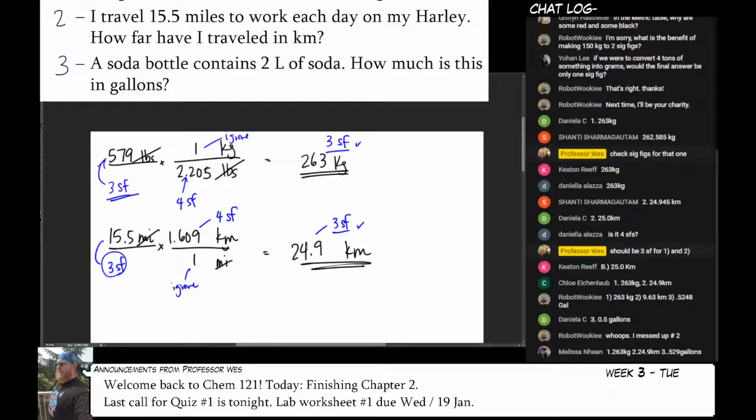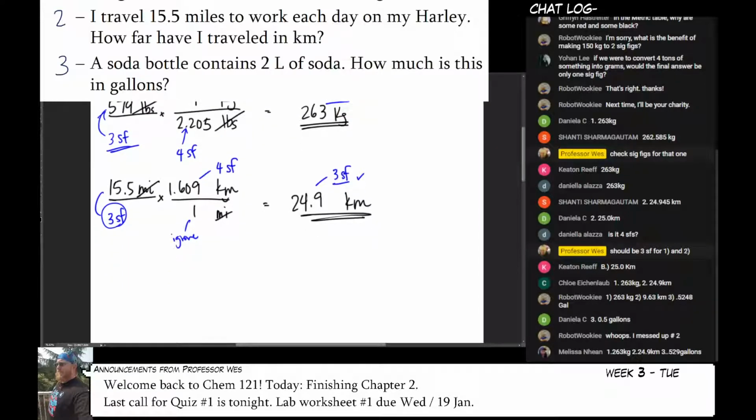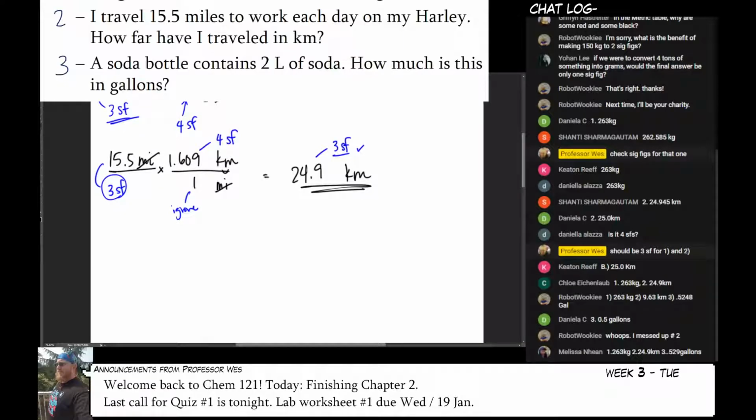All right, and then the last one, a bottle contains 2 liters of soda. How much is this in gallons? So we can go 2 liters. And a conversion from liters to gallons likely exists on Google because maybe you live in Canada and you want to know how many of our liters are in one of their gallons for, say, gasoline.